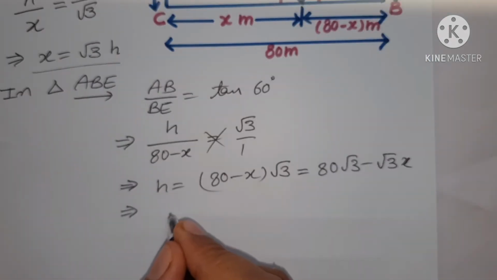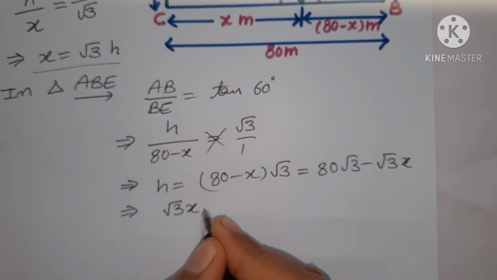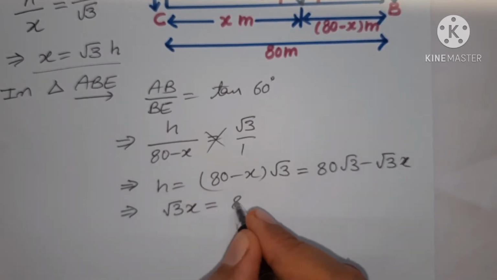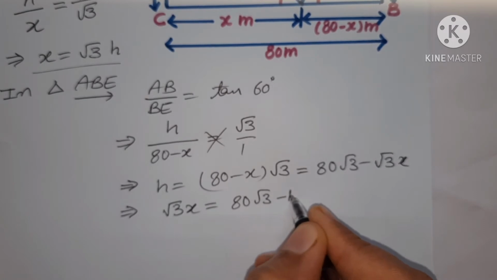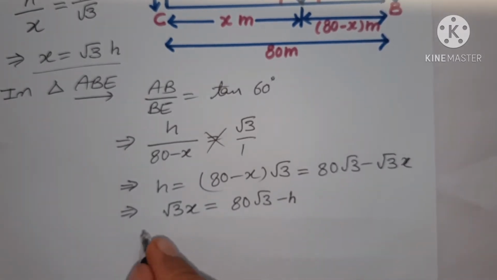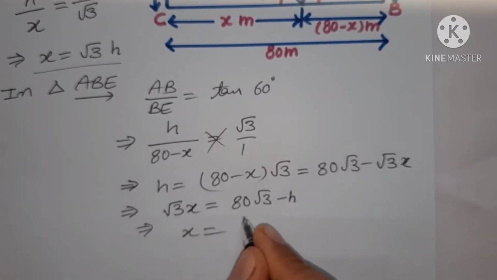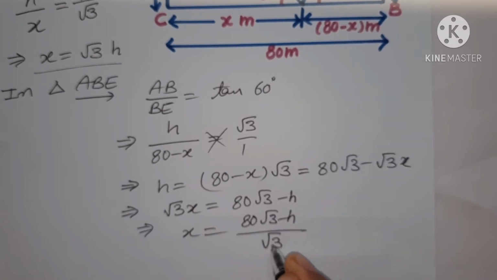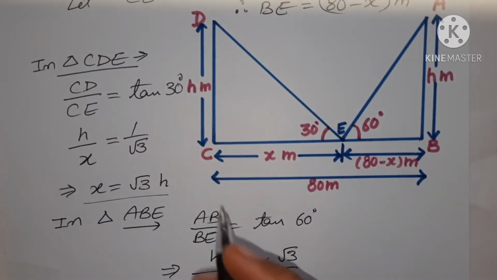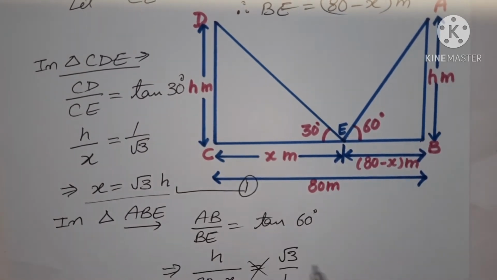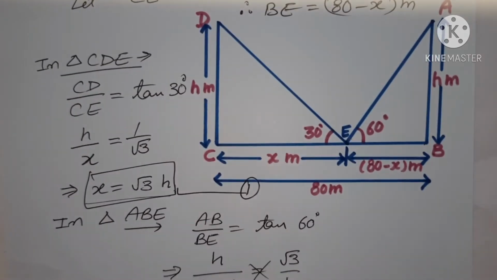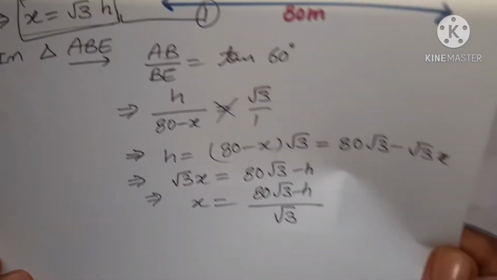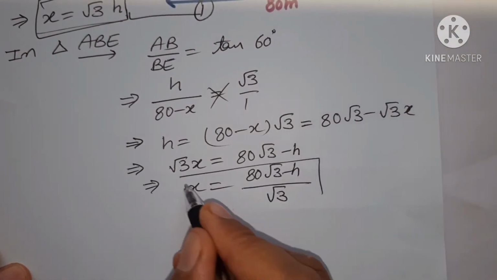So root 3x is equal to 80 root 3 minus h, or the value of x is (80 root 3 minus h) upon root 3. So this is equation number 1.